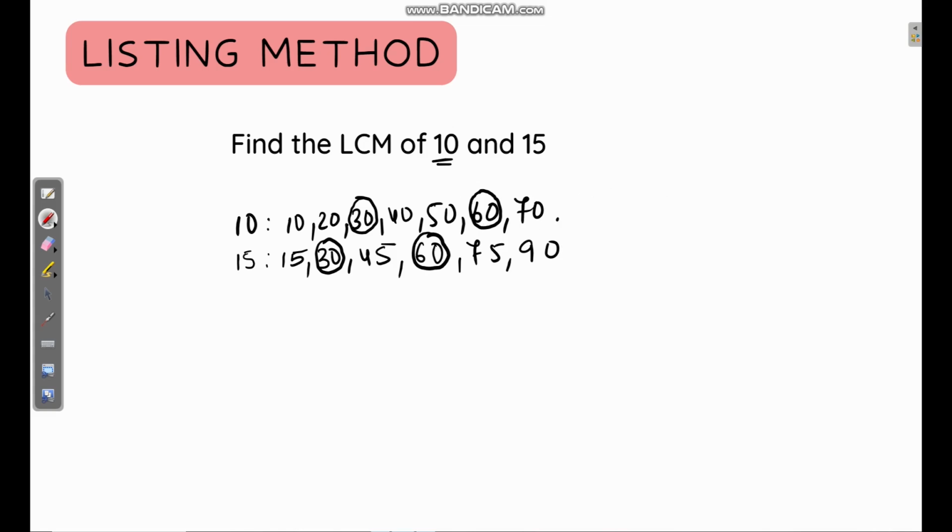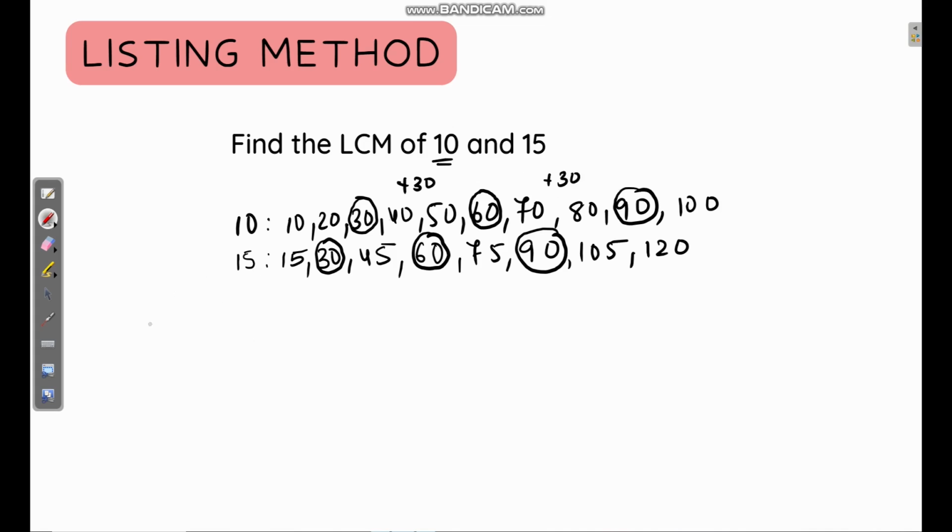If you want to continue, it will be 80 over here, then 90, then after that 100, 105, 120. The next multiple that is common is 90, because it's basically plus 30. Once you get your first common multiple, just see the difference and that will give the next common multiple.